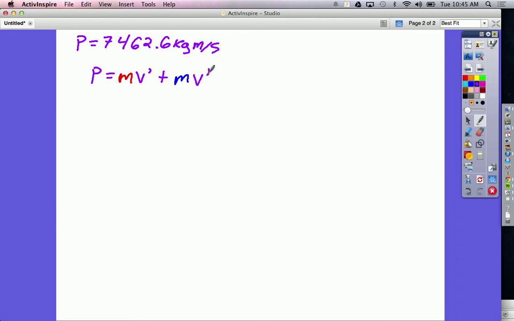And we can find out what the speed actually is by factoring out the v. So my total momentum equals v prime times my two masses. Now I can divide them and get my answer.